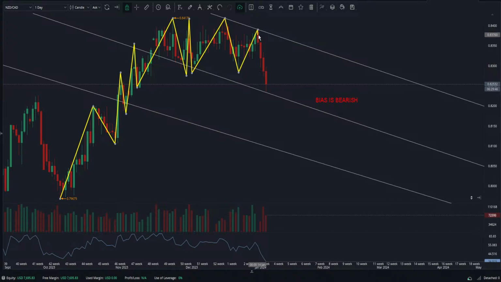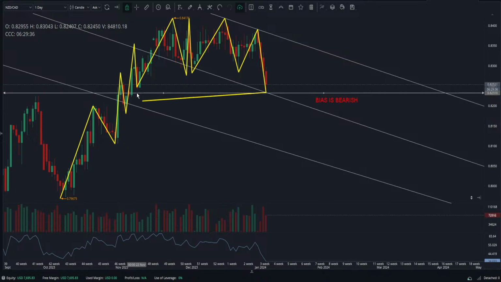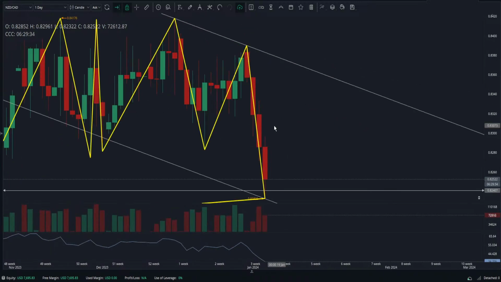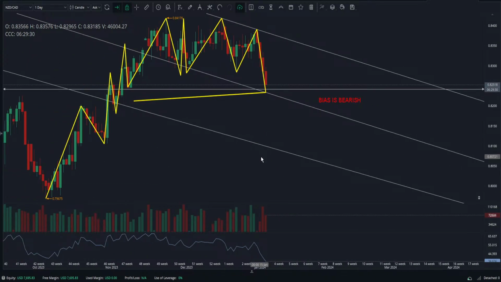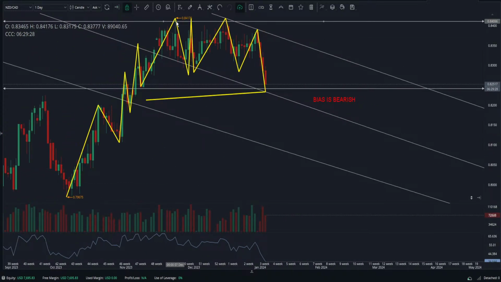But just now, the price has broken through this low. Which low? This low, guys. Has it broken or not? Tell me. Do you see that this low is taken out today? So yes, the bias has turned bearish, and in fact this was the highest high.